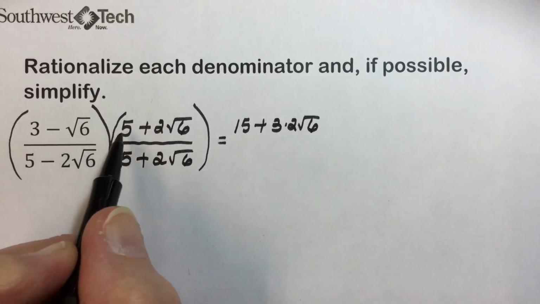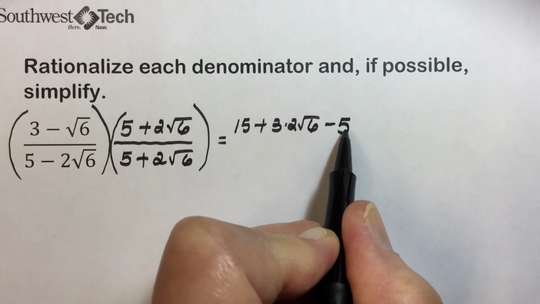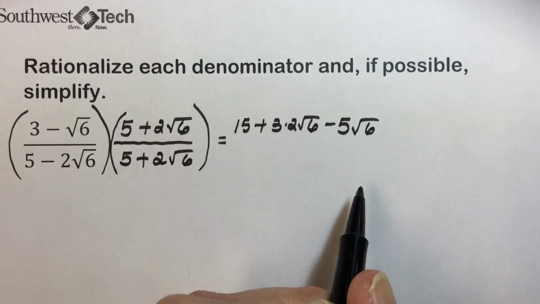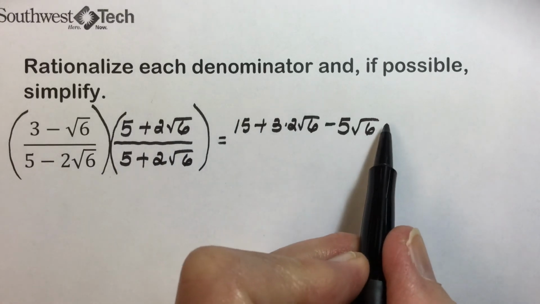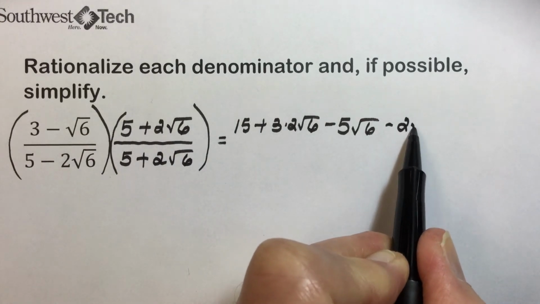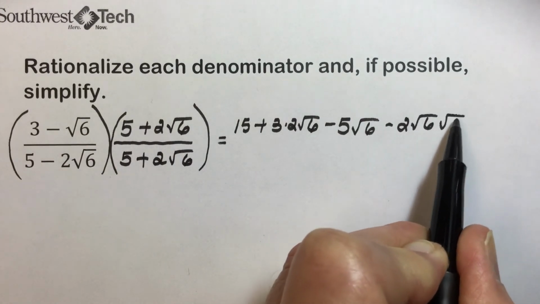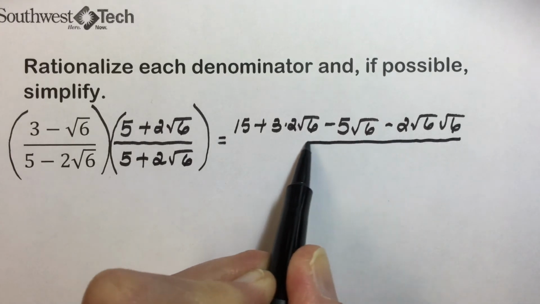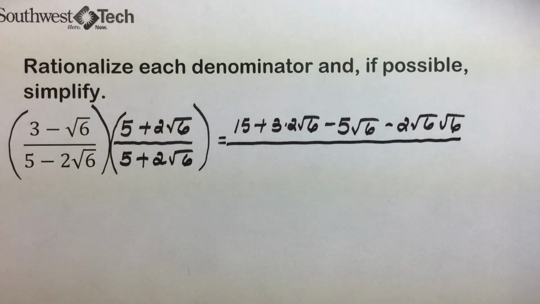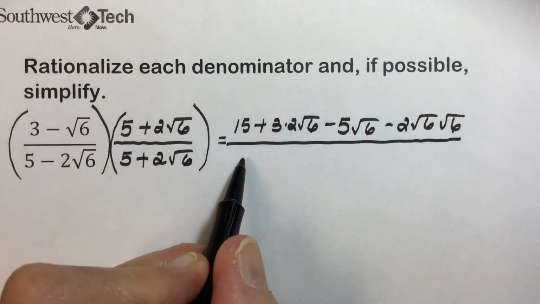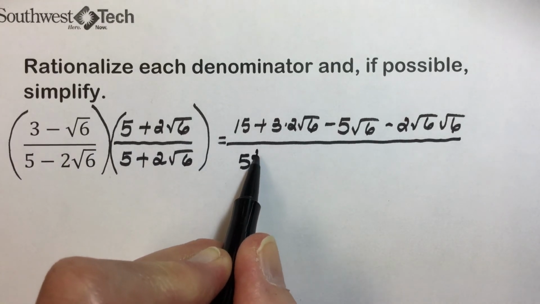Inner terms, we have a negative 5 times the square root of 6. And last terms, a negative times a negative 2 times the square root of 6 times the square root of 6. All over. In the denominator, first terms multiplied together, we have 5 squared.